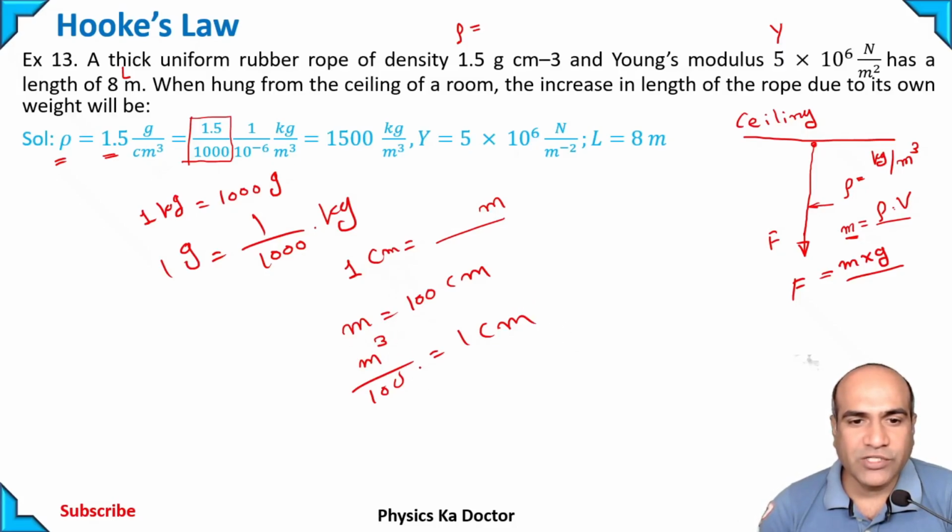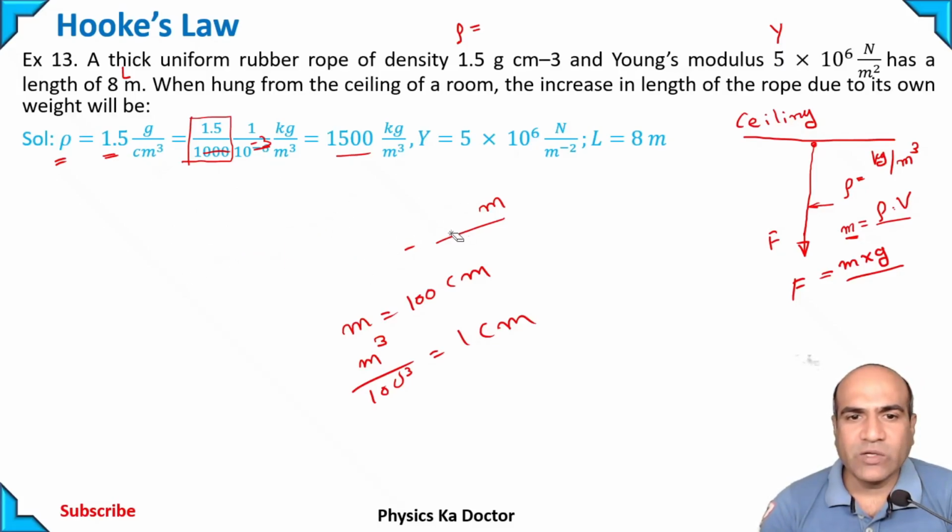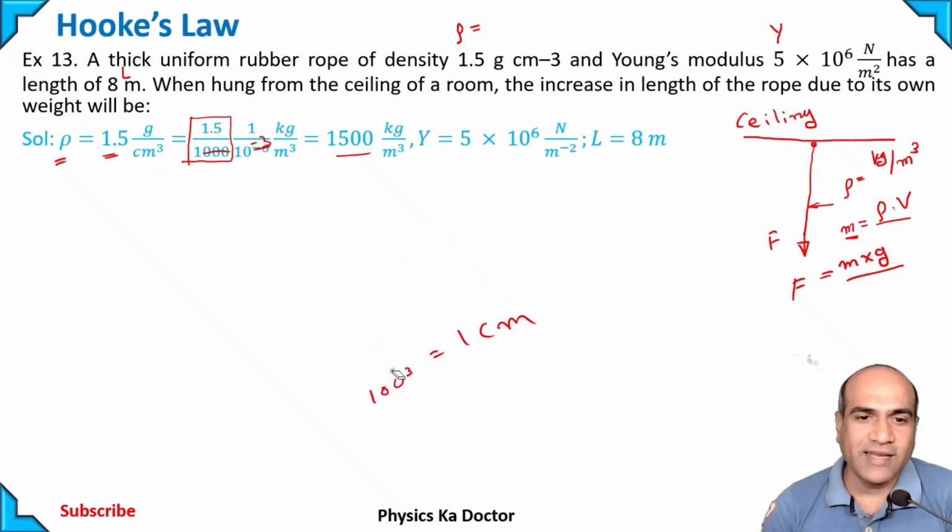So this is correct. 10 power 6. We can simplify this. 10 power 3 will be cancelled, so it becomes minus 3. And here the final solution is 1500 kilogram per meter cube. And Y is given directly, no conversion is required. Y is 5 multiplied by 10 power 6, and length is given 8 meter. Here no conversion is required.